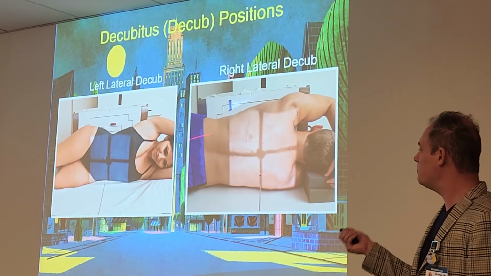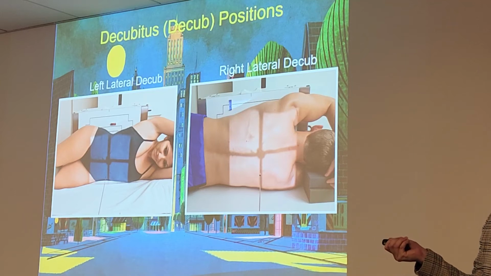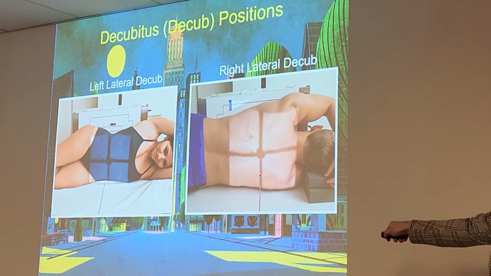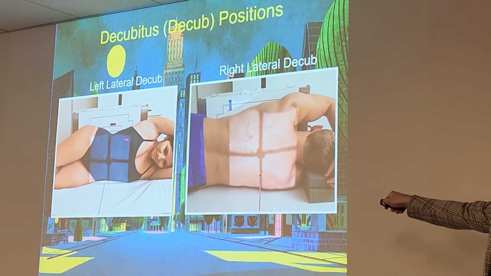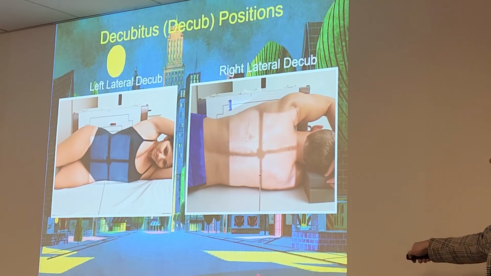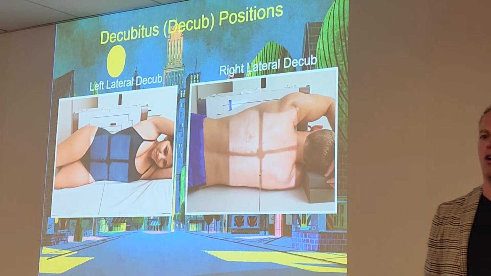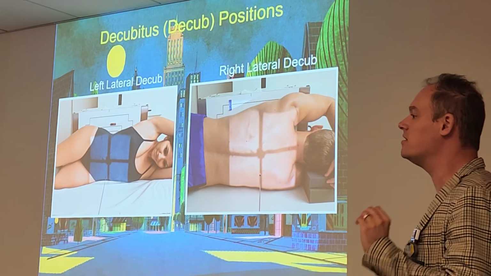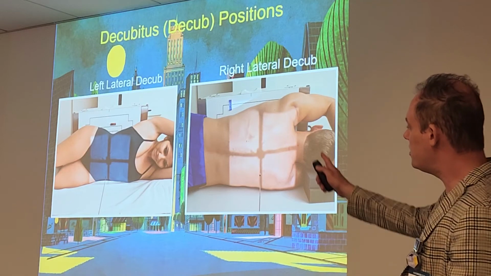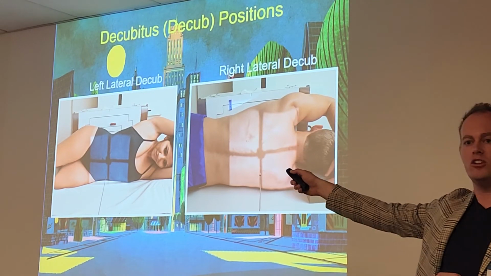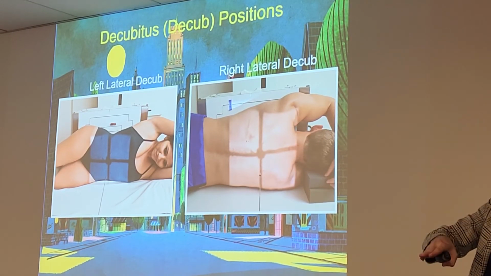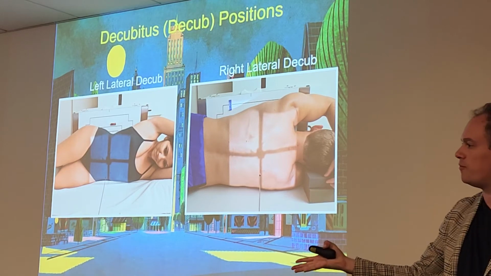So decubitus. Right here, both these patients are in the lateral position. Y'all can see that, right? But what is unique? See how the beam is traveling across the table horizontally? That makes it a decubitus position. Once again, keyword, if it exhibits a horizontal central ray, it turns it into a decubitus position. This specifically will be a left lateral decubitus because the left side is down, just like a left lateral we talked about before.